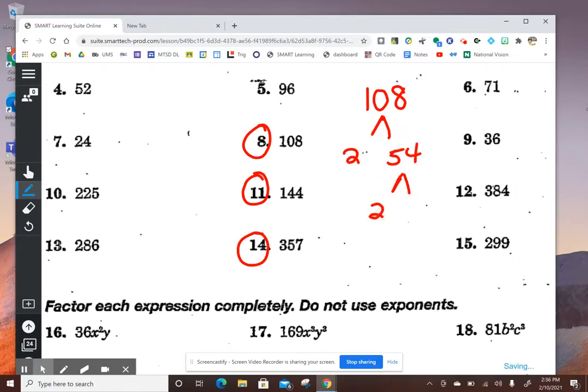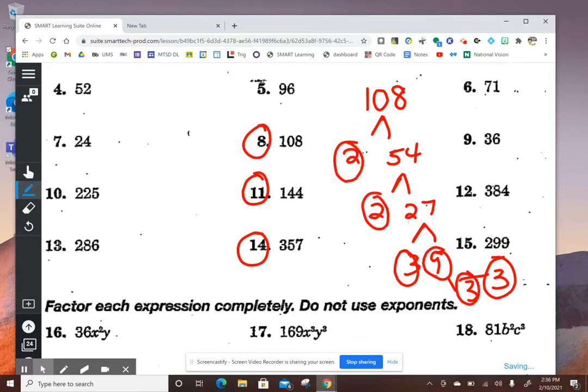Divide by 2 again and get 27. 27 divide by 3, and 3 here. So we end up having 2 times 2 times 3 times 3 times 3. So this is 2 times 2 times 3 times 3 times 3.